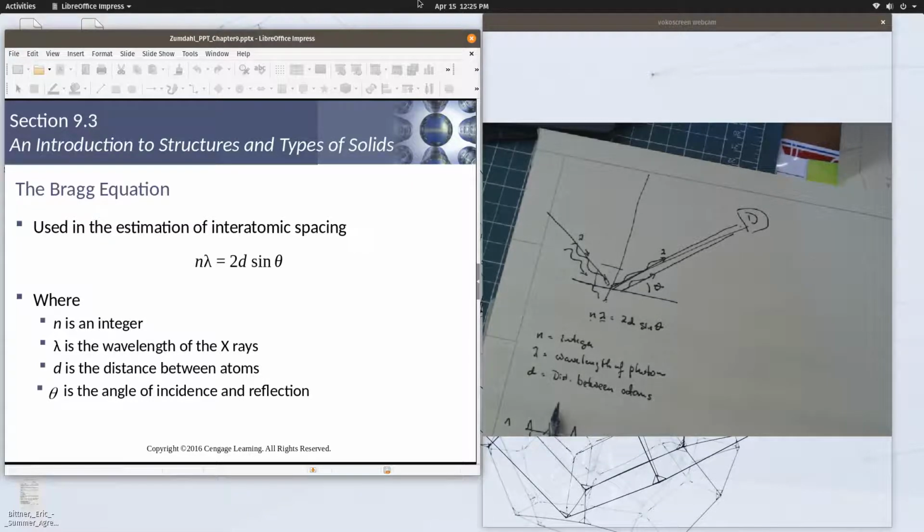So by looking at this distance on the screen, between where I would get constructive and destructive interference, I can relate this distance to n. I know this distance, and I can back out the distance between the atoms. It's very easy to calculate.